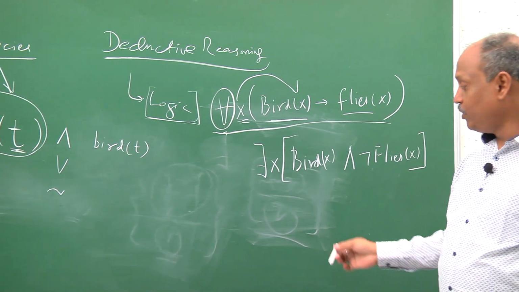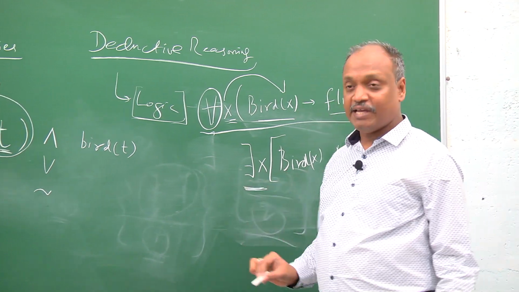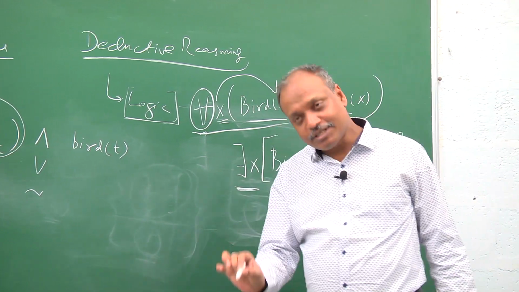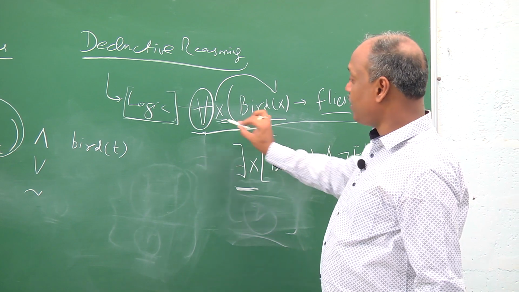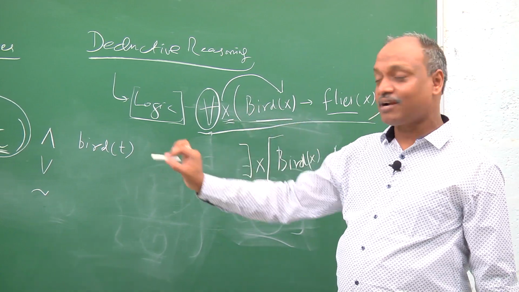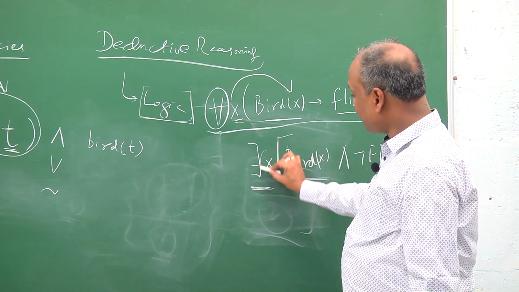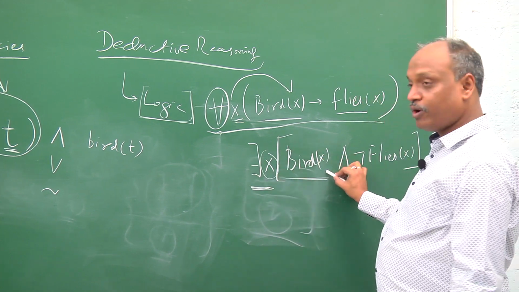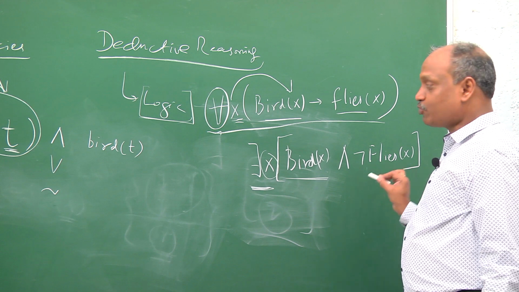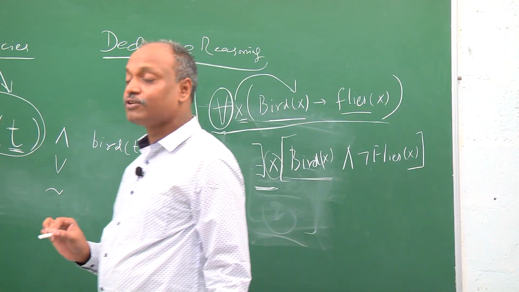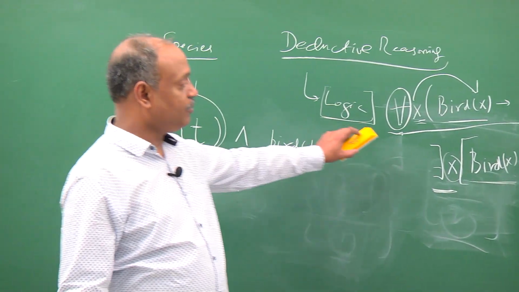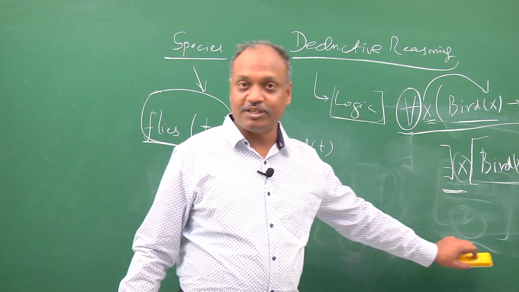In that sense, we use a concept called there exists. There exists is basically an existential form of indication that we are not applying the property to the entire class of bird, but only to one: there exists an x such that it's a bird and it does not fly. So you see that truths in the context of first order logic can be of two types: either universal or existential.